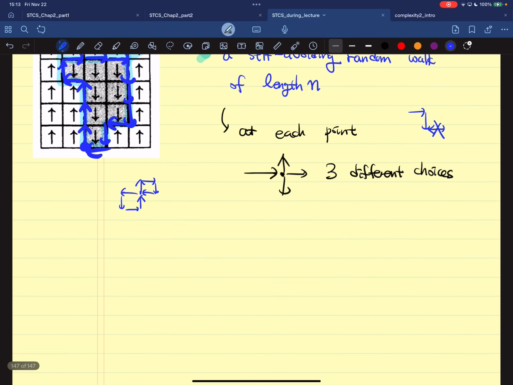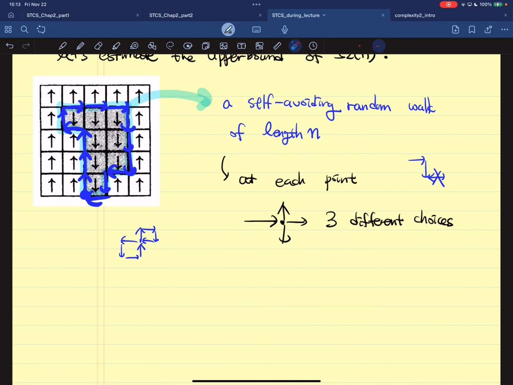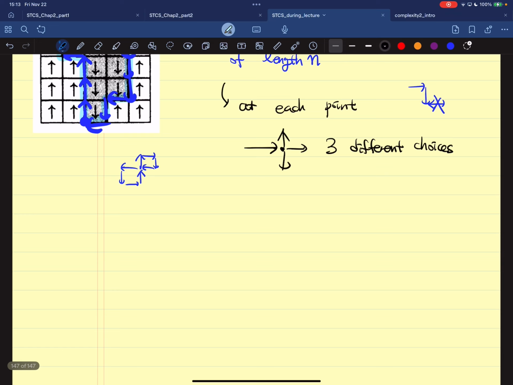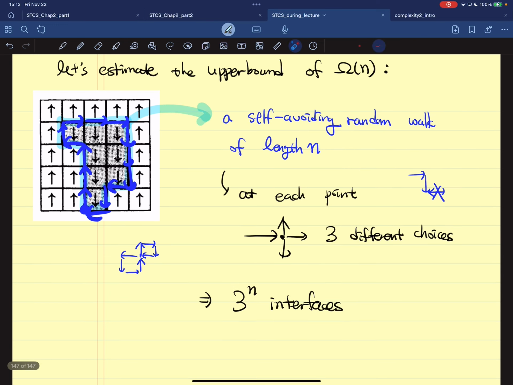So if you follow this self-avoiding walk with the length n, in principle, it's a very gross estimate, but 3 to the power of n interfaces, because there are always three possibilities for every branching point.